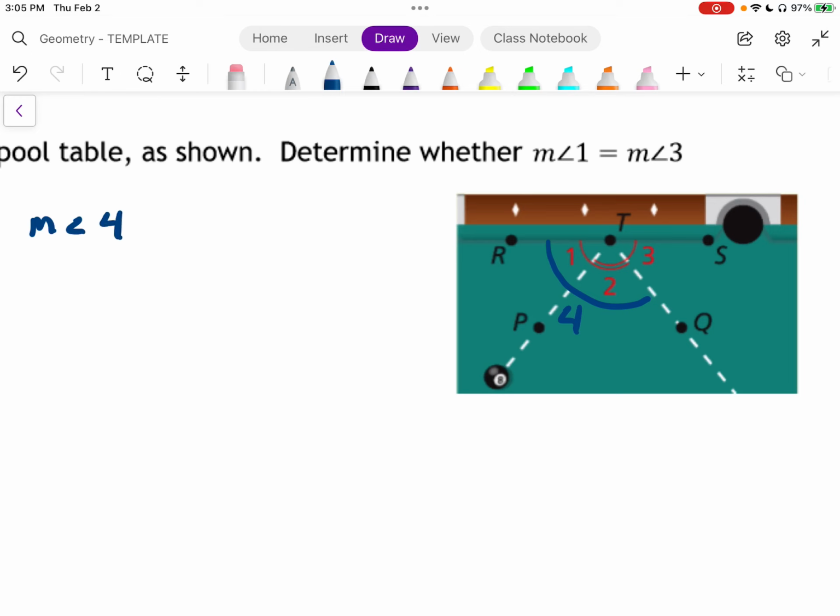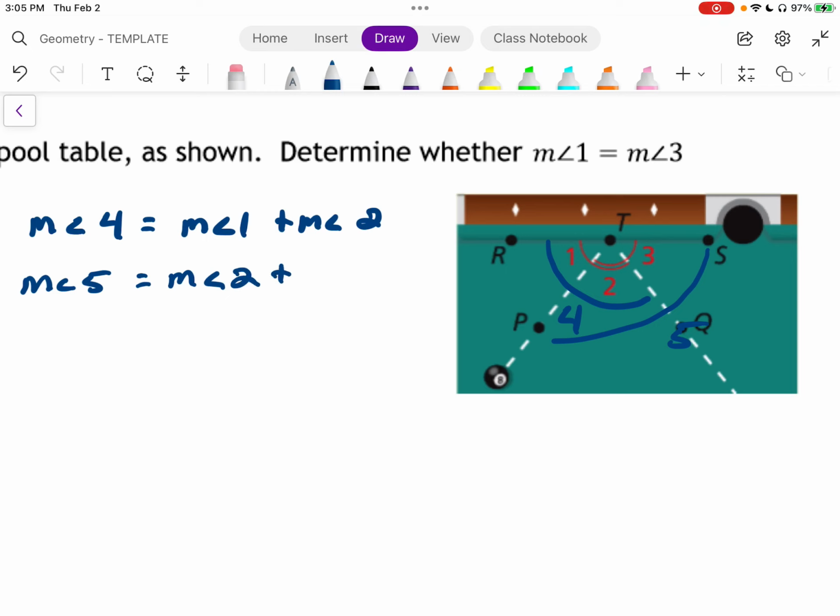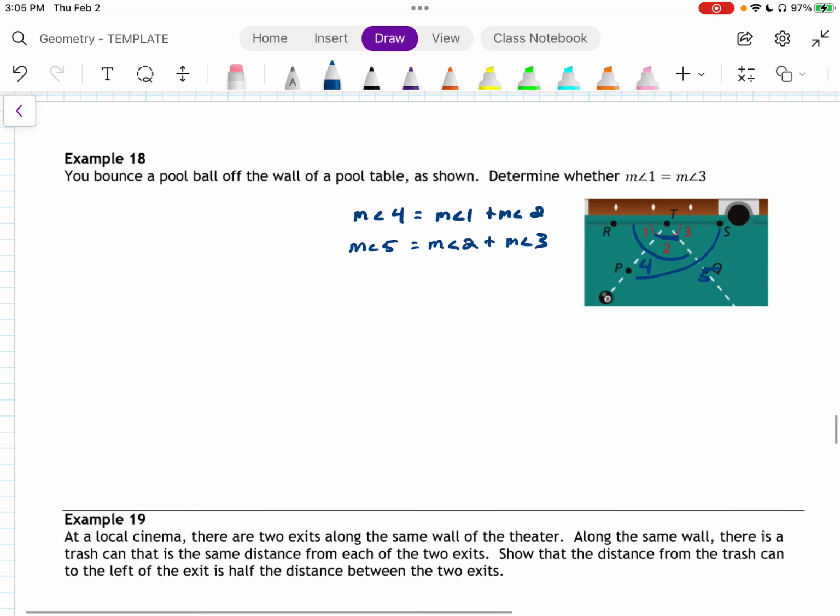Measure of angle 4 is the measure of angle 1 plus measure of angle 2. Then we'll say that this guy is, we'll say that's 5. Measure of angle 5 is the measure of angle 2 plus measure of angle 3. And we should probably be able to see that this 2 overlaps. 4 and 5 are equal, so yeah, they are going to be equal.